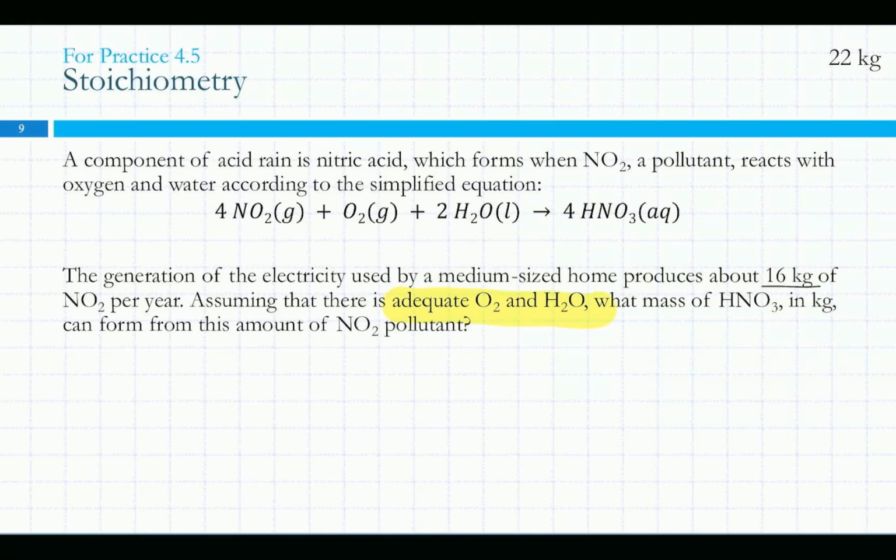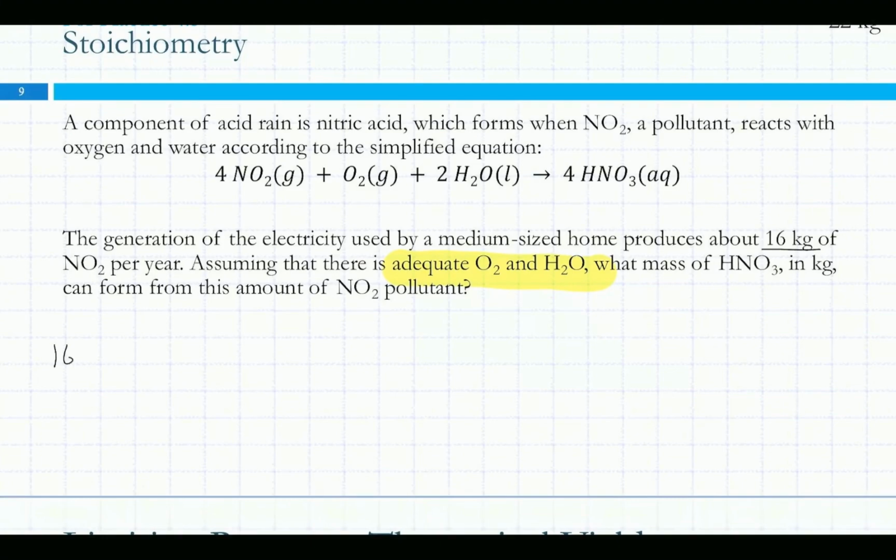Gasoline does not burn 100%. Diesel, especially when people roll coal, that's unburned diesel coming out the back, unburned products. If the reaction doesn't go 100%, we'll talk about this more in Chem 2, then you won't make even the maximum amount. You'll get something less than that. But we're assuming almost all the time that we do make the maximum amount, just like we assume a lot of the time that there are adequate amounts of other things in the reaction.